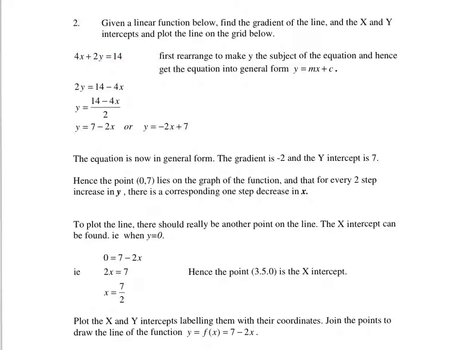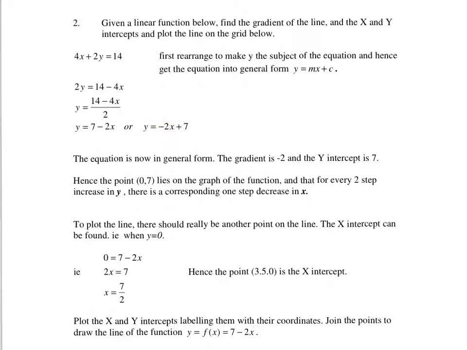Now we need to rearrange it to get it in the form y equals mx plus c, that is, make y the subject of the formula. And once we do that, of course, we can then read off the value of m, the gradient, and c, the y-intercept. So our value of m is -2.